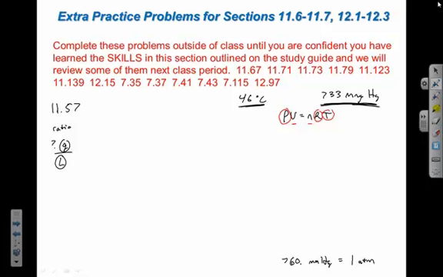So if I could get moles per liter, I could convert that into grams per liter. That's what the ideal gas law will allow me to do. Instead of solving for moles or for liters, I want to rearrange it to solve for moles per liter. So if I divide both sides by volume, and then divide both sides by RT, on this side I'll have moles divided by liters. So P over RT equals moles over liters.